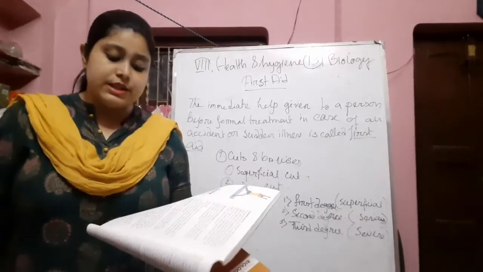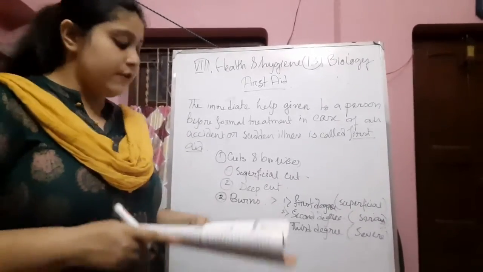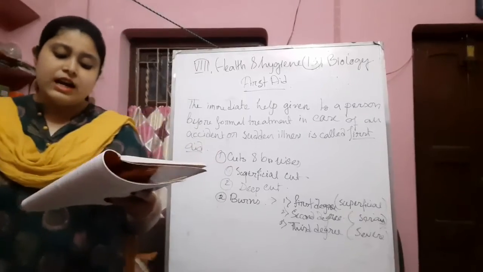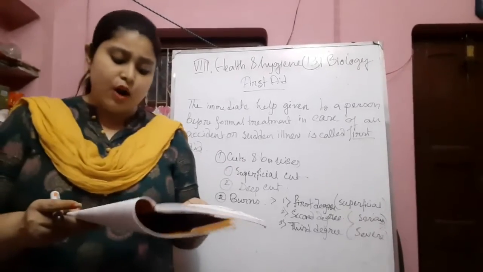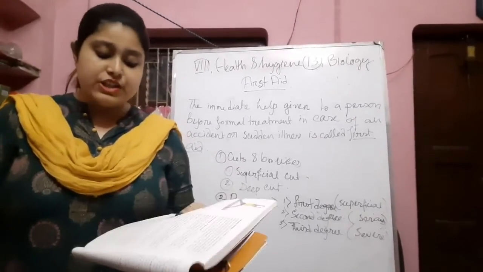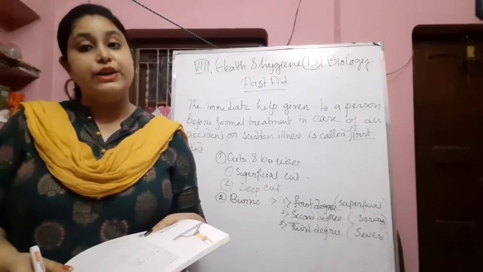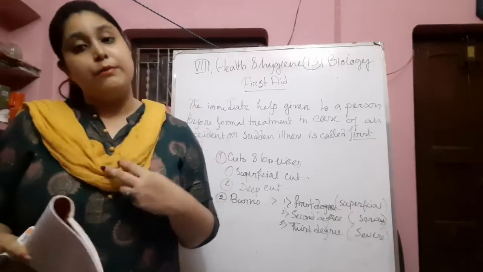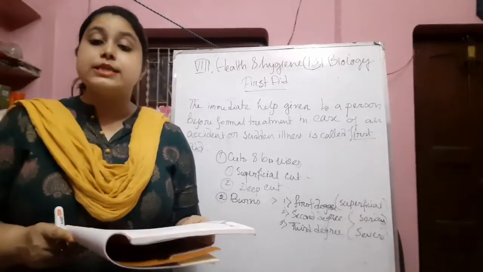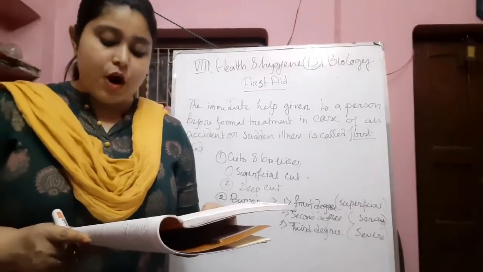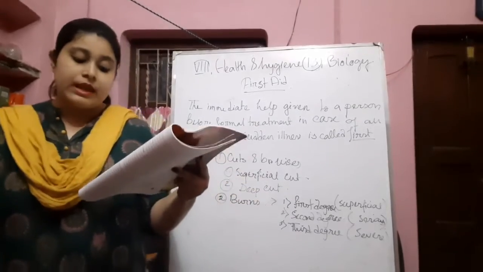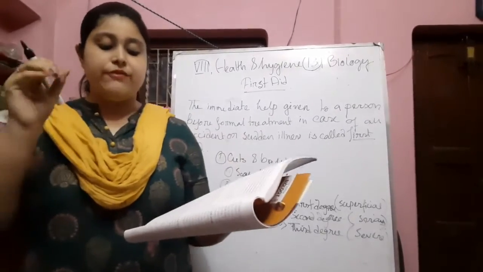The first degree or superficial burn results in reddening of the skin, and you just run cold water over the burn area for 10 to 15 minutes. It will be better. Secondly, the second degree burn forms blisters, that is, small skin swellings filled with water.